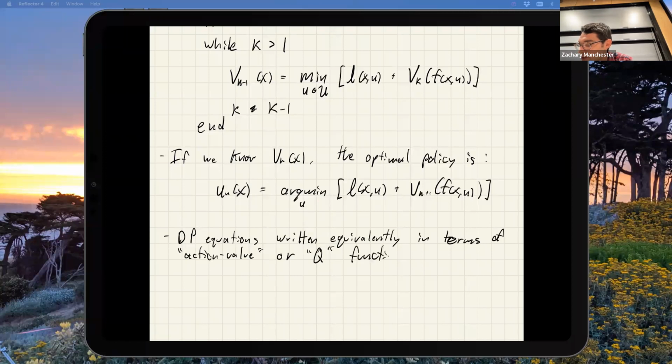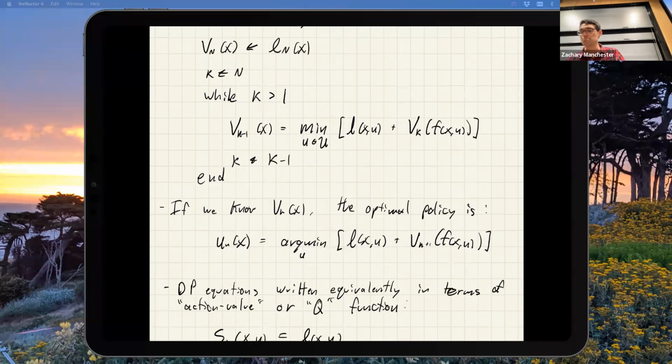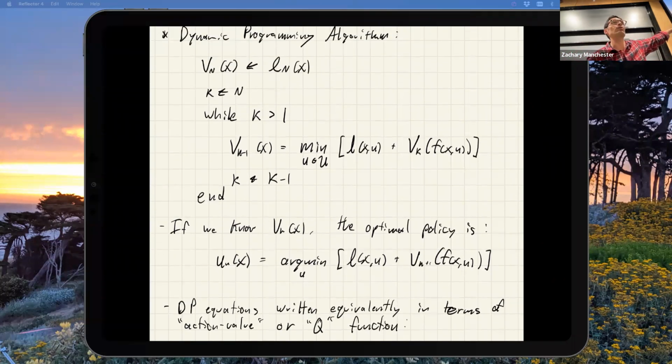So what this thing is, we're going to call it S because we're already using Q for LQR stuff. But normally, if you were to take an RL course, this would be called Q. Remember the V is a function of just X. The action value function is a function of both X and U, and it's defined as the following thing. It's literally the whole thing that I minimize in the backward recursion.